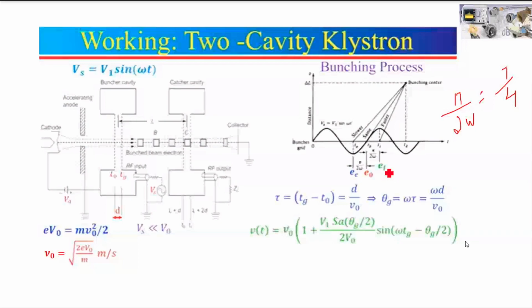So its velocity is increased to the maximum, because it is interacting with the positive maxima of the RF signal, and it will take less time as compared to the reference electron.